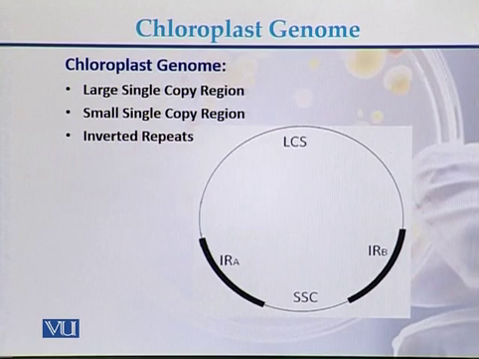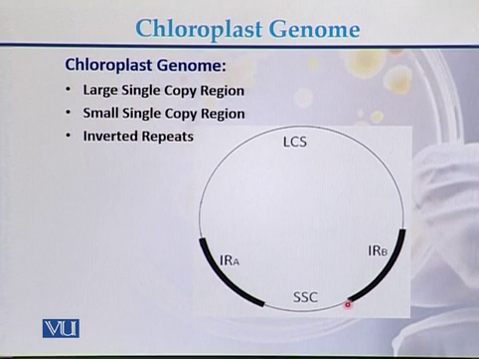Chloroplast genome consists of three major parts. First one is called the large single copy region. This is the large single copy region. The second part is called the small single copy region. This is the small single copy region.